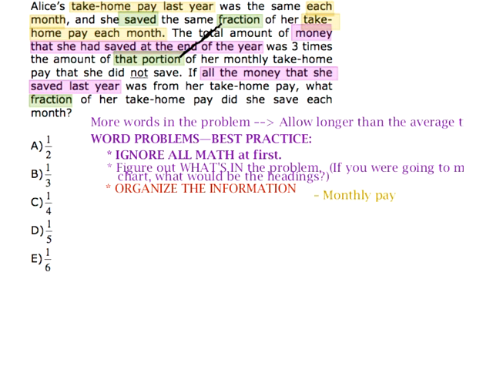fraction saved, and fraction not saved, which is 1 minus fraction saved. And then we have all the money saved. Okay, well that's not too bad.